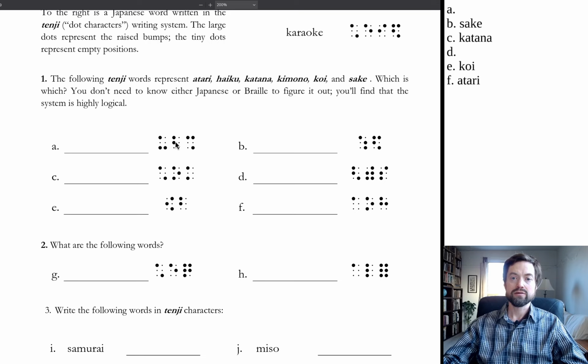Oh wait, we do have the information because we have koi. Koi ends with an E, this I here, and haiku has the I in the middle. So this A is clearly identified as haiku, same as the koi. It has that same E sound right there. And that leaves by elimination that D must be kimono.